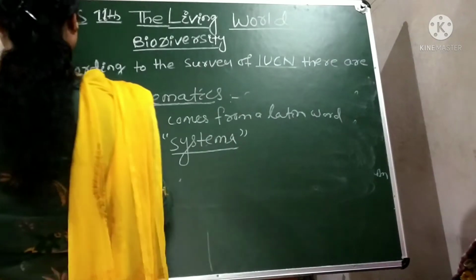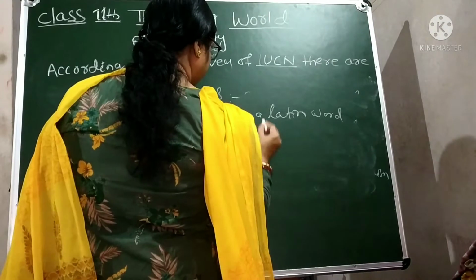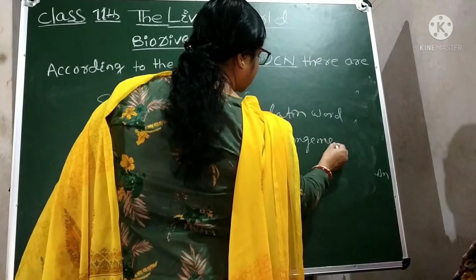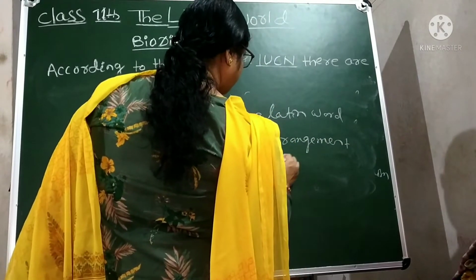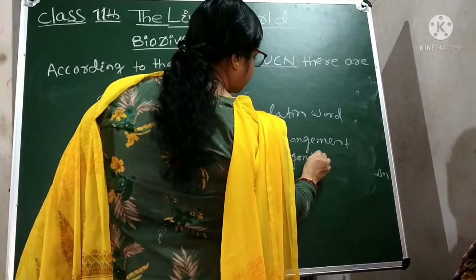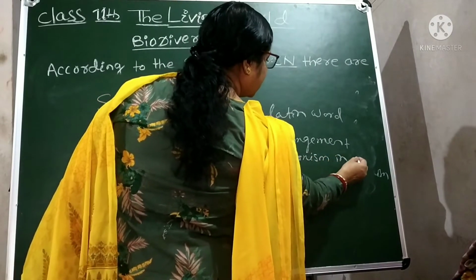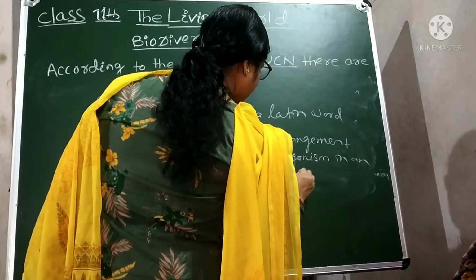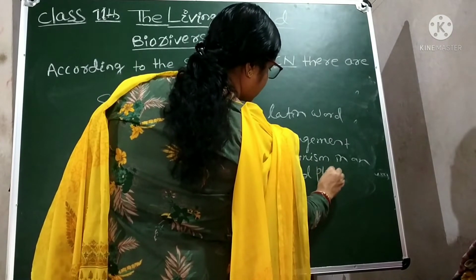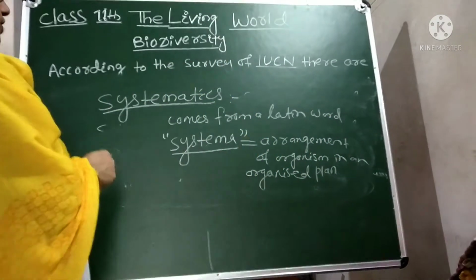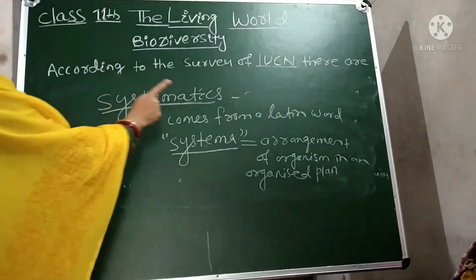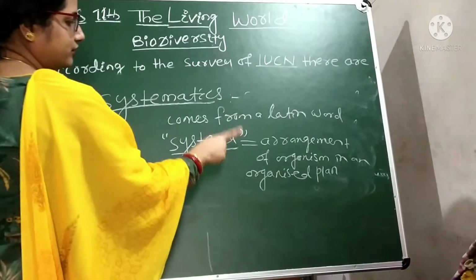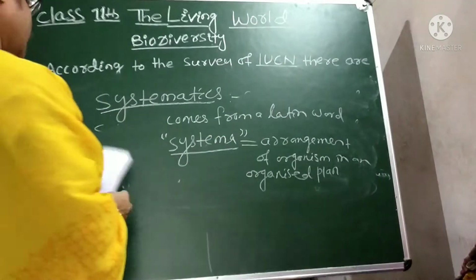Systema means the arrangement of organism in an organized plan. The systematics is a branch of science which comes from a Latin word that is systema. It means the arrangement of organism in an organized plan.